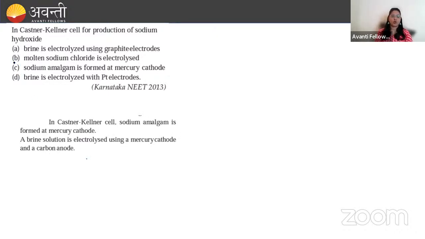Remember this: sodium amalgam is formed at the mercury cathode. A brine solution is electrolyzed using a mercury cathode, and mercury is used as the cathode and carbon is used as the anode in the Castner-Kellner cell. Any doubt in this? You have to remember these things. Then only it will be easy for you.